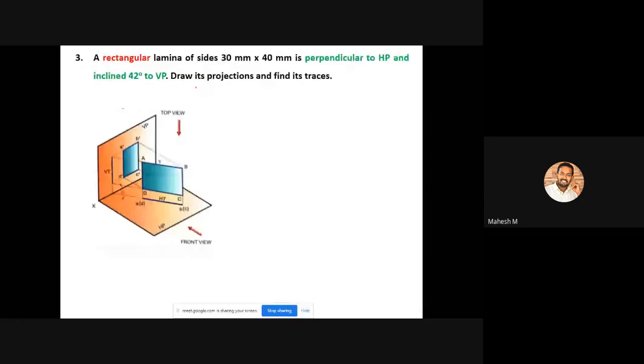Since it is a rectangular plane, we have the length and the breadth. The condition is it is perpendicular to HP and inclined at 42 degree to the VP.